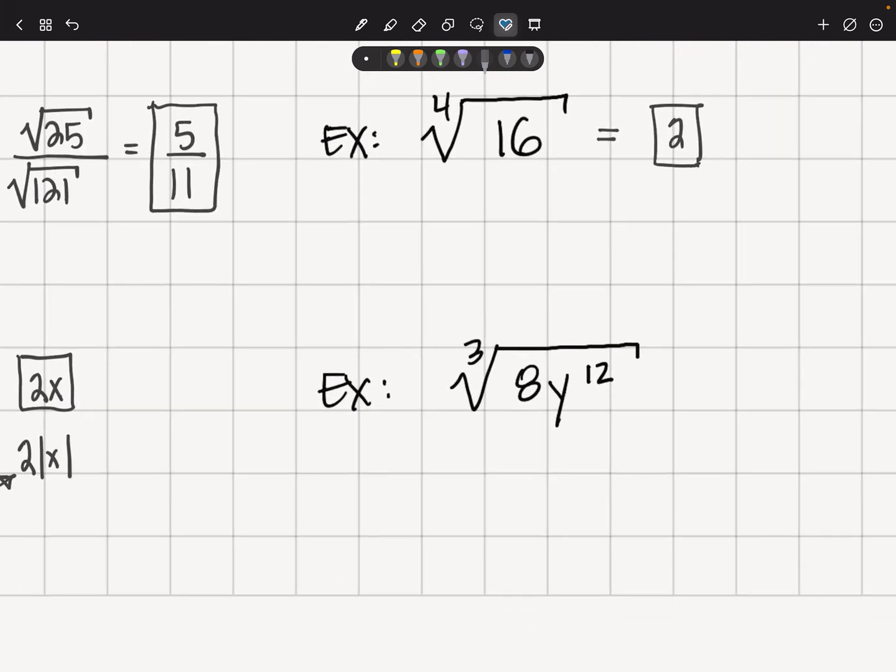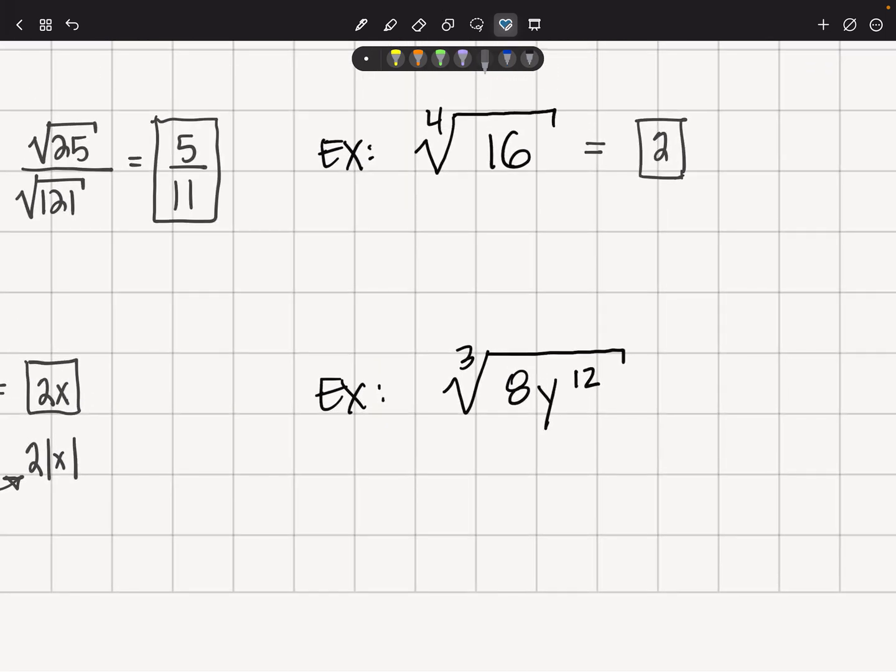The cubed root of 8y to the 12th. Now remember, on an odd index, it's okay for the radicand to be negative. So we say what times itself 3 times is 8y to the 12th. I'm going to break this down for us. 8 is 2 times 2 times 2. And then y to the 12th, I've got 12 of those. That's 6, that's 9, and that's 12.